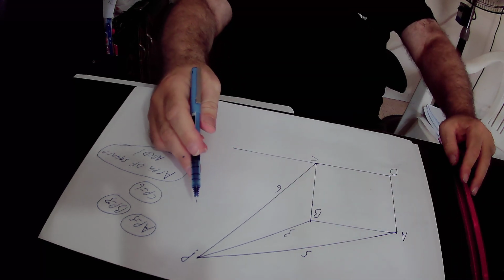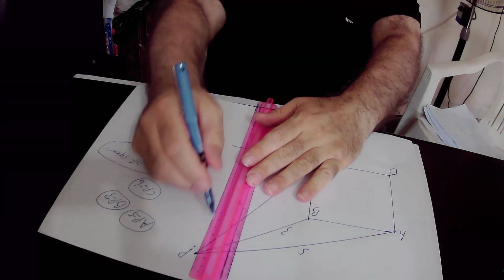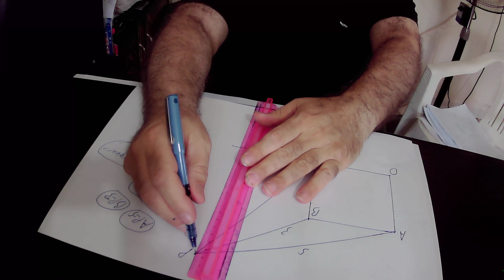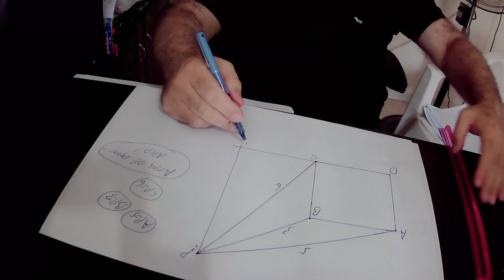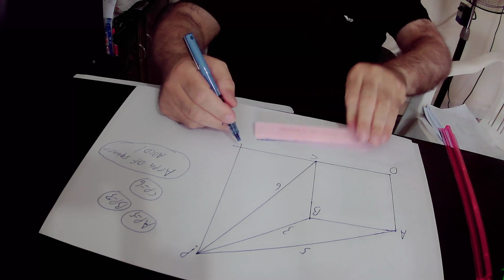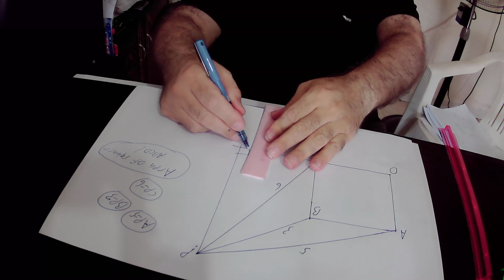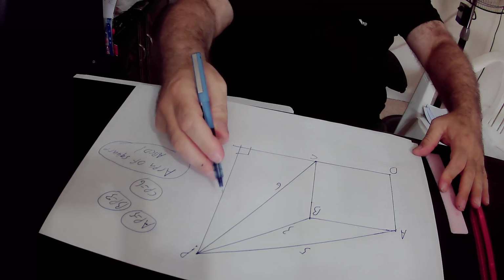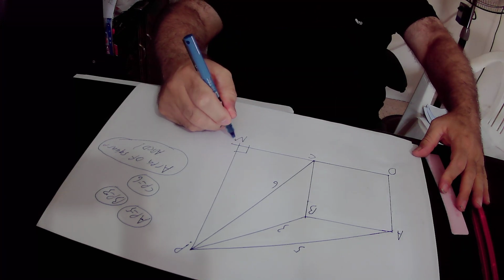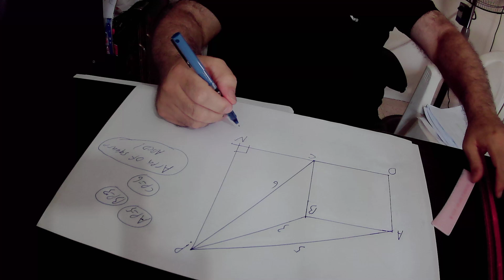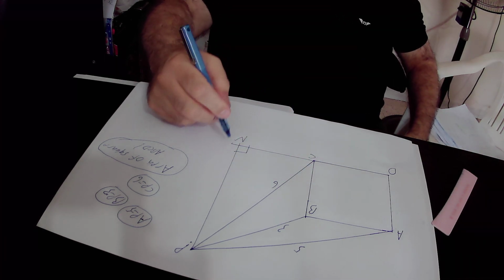And from point P, we'll go perpendicular on the extended DC. So this angle equals 90 degrees according to our construction. We define the touching point of the perpendicular from point P on the extended DC as N. In the next step, we will do another construction. From point B, we will go perpendicular on PN.